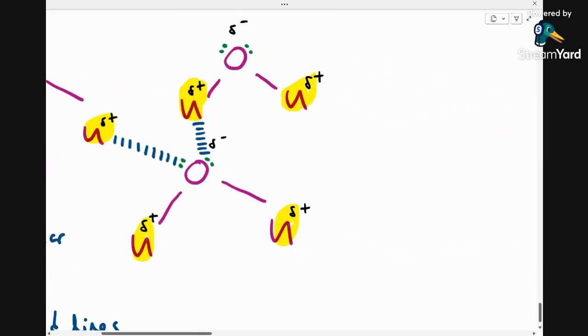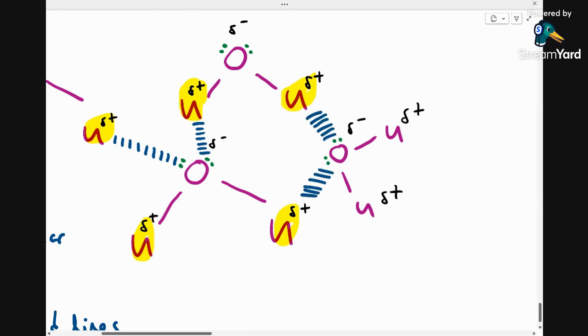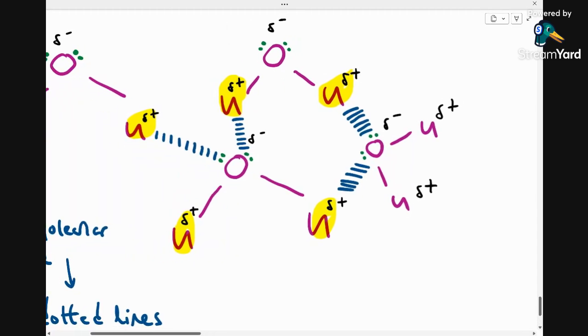And we can keep going. Of course, if we have another water molecule here, and we put our lone pairs in, our deltas, don't forget delta positive for the hydrogens, delta negative for the oxygen. This can also form intermolecular forces between the delta negative oxygen and the delta positive hydrogen.